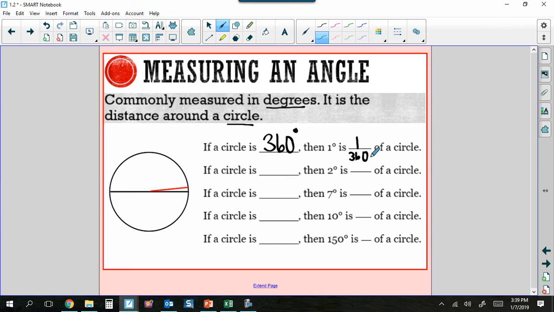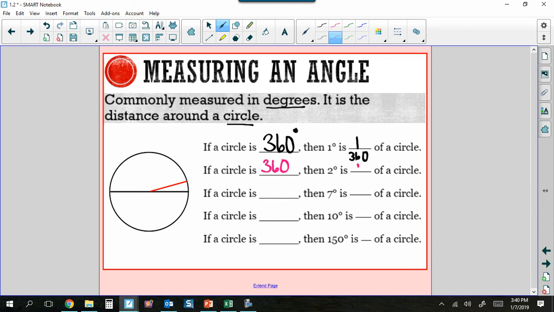It is 1/360th of a circle. Now, if a circle is 360 degrees, if we were to go 2 degrees, then that would be 1/180th of a circle. Why wouldn't it be over 360, Mrs. Netz?